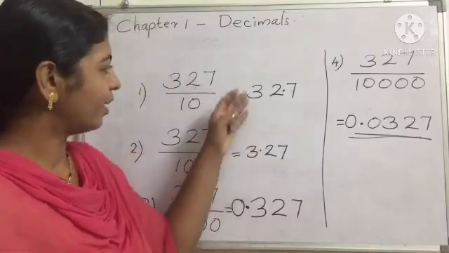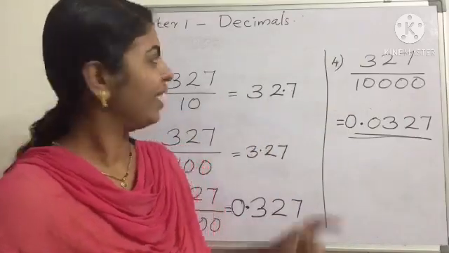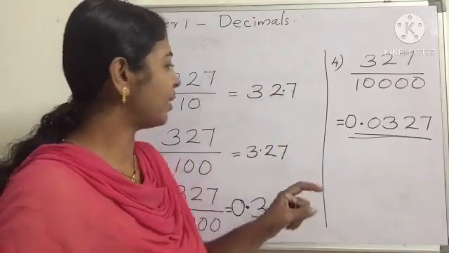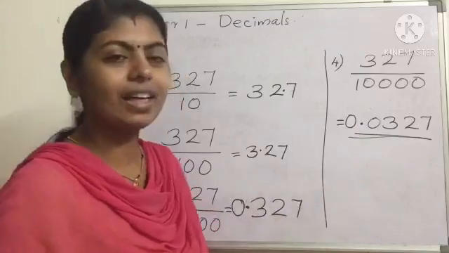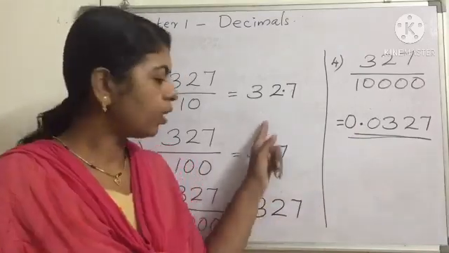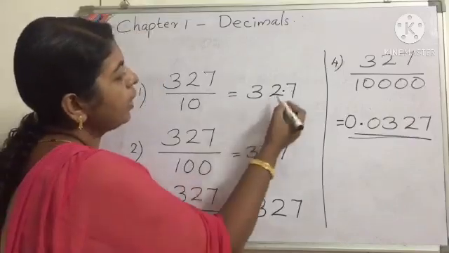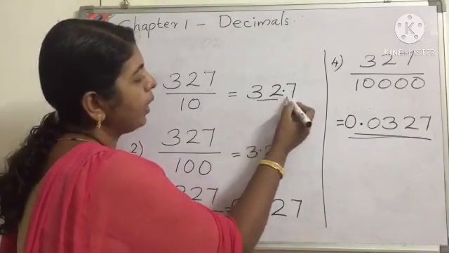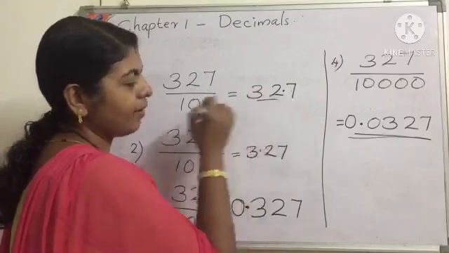Then these answers are decimals. We are going to study about decimals. What are all the answers you got now? All these are decimals. Here in the first one, it's 32.7. It will be read as 32.7.